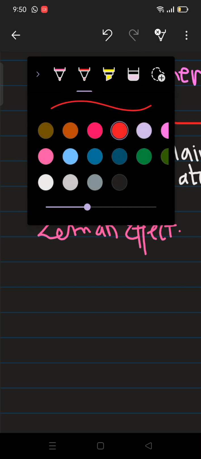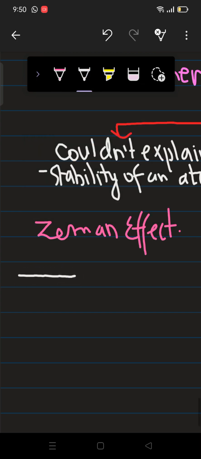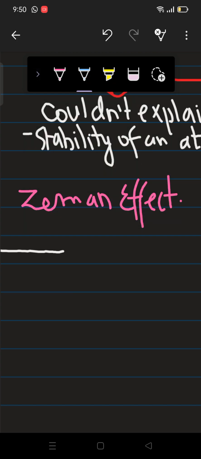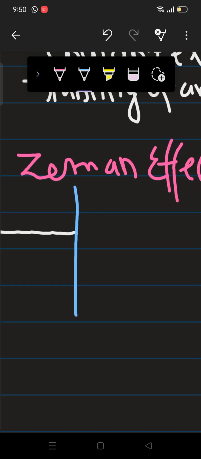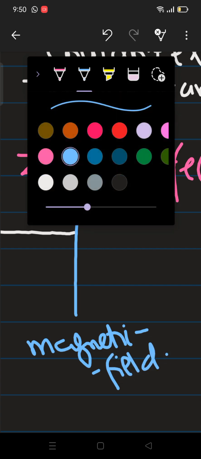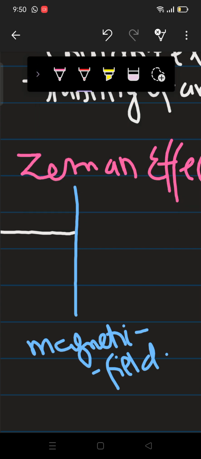When the line passes through the magnetic field, it splits into fine line structures.